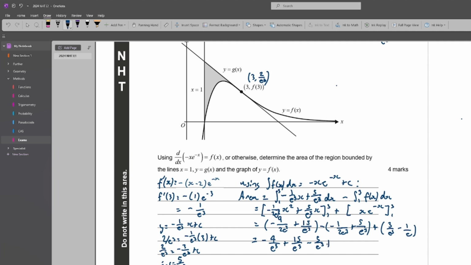Plus 3 on e cubed. And then minus 1 on e. So this is 11 on e cubed, 6 on e cubed, 9 on e cubed, minus 1 on e. I'm not going to bother finding a common denominator here, let's just leave it like that. Square units.